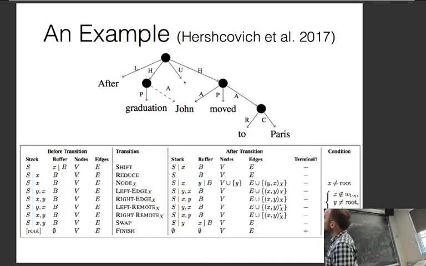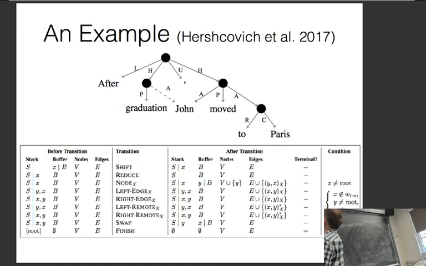Another thing you can do is node X. Node X basically adds a node of a particular type, and then it also creates an edge between that node and the thing on the top of the stack.